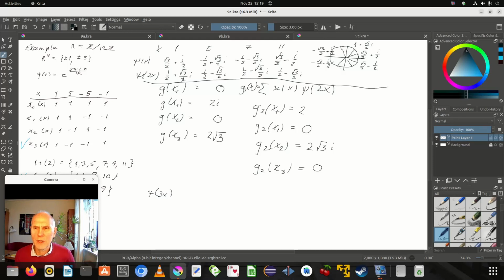So 3, that gives, and 5, that's 15. That's i as well. 7, that's of course conjugate, and 11 as well.